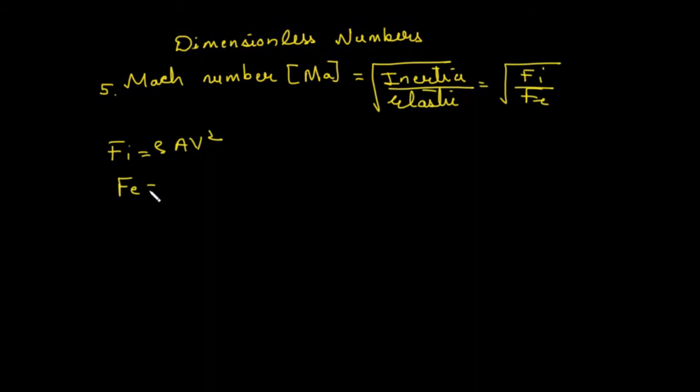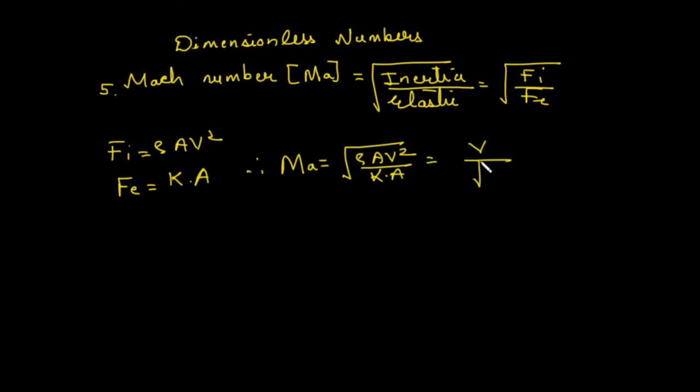Now Fi, again, we know is rho A V square, and elastic force is given by the bulk modulus of elasticity K into the cross-sectional area. So your Mach number will be equal to the square root of rho A V square upon K into A. So we are left with V upon root of K by rho. So this is an expression for Mach number.